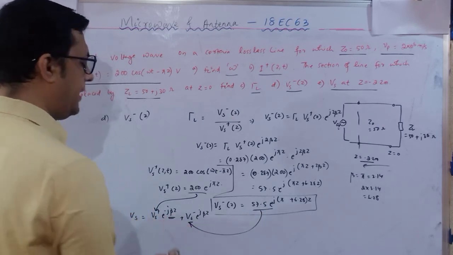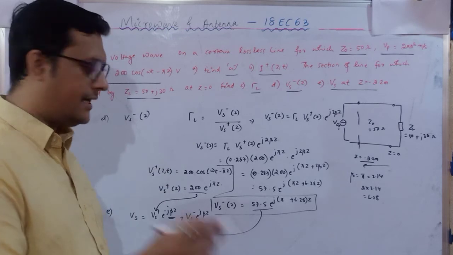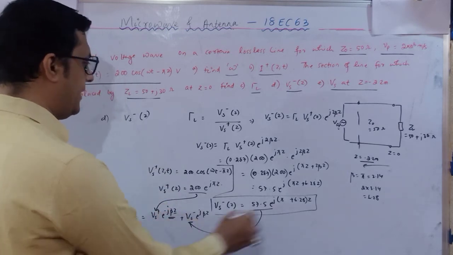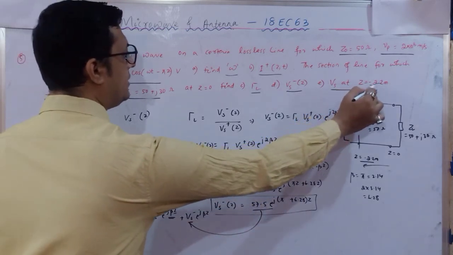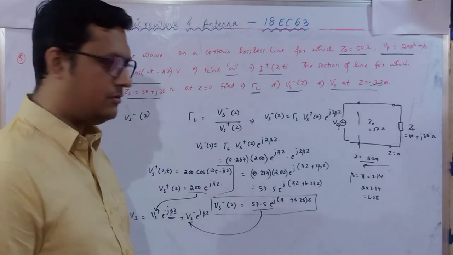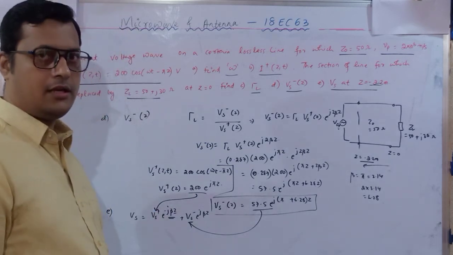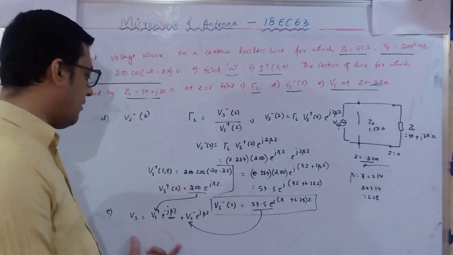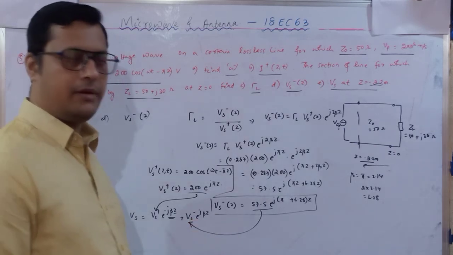In place of z, you have to substitute z equals minus 2.2 and solve it. After solving this, you will get a complex term because these are all complex in nature.